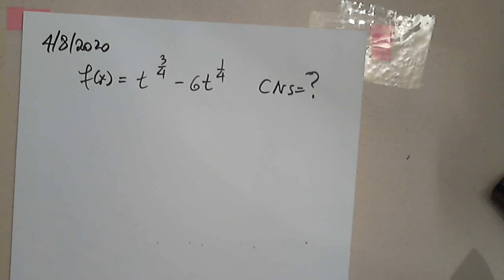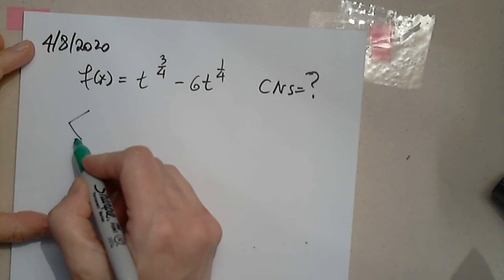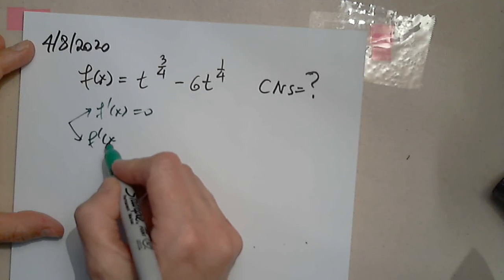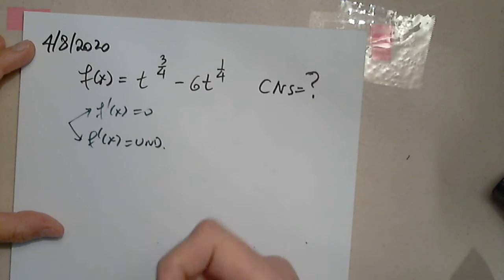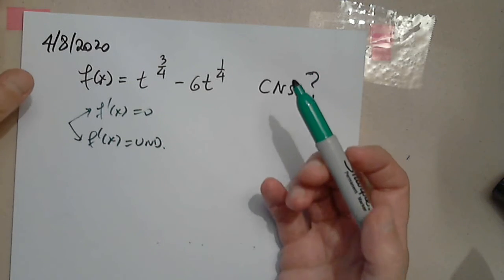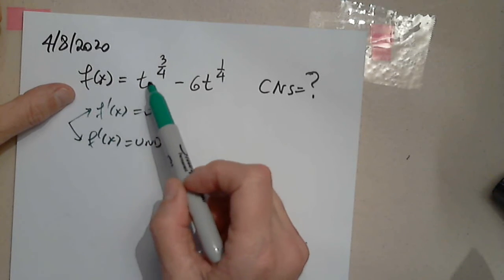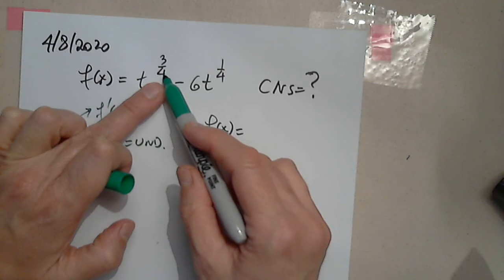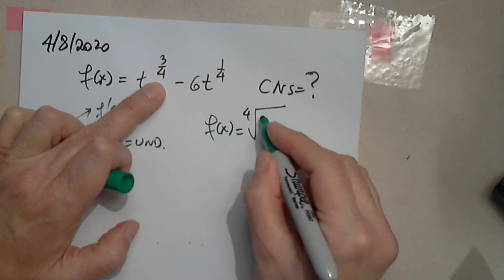So remember, critical numbers come from two possible sources. Either f prime of x is 0 or f prime of x is undefined, but the function must be defined there. So I know that this function can be rewritten because this is the index 4.